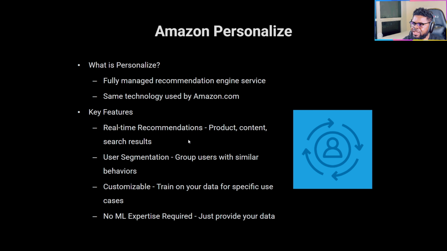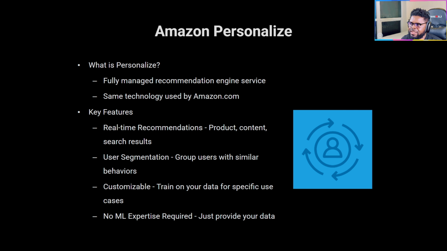So you can do real-time recommendation, product content, search results. Recommendation itself is exactly how it is, but you can tune it to your need. User segmentation: you can group users with similar behaviors. That's the whole idea, right?